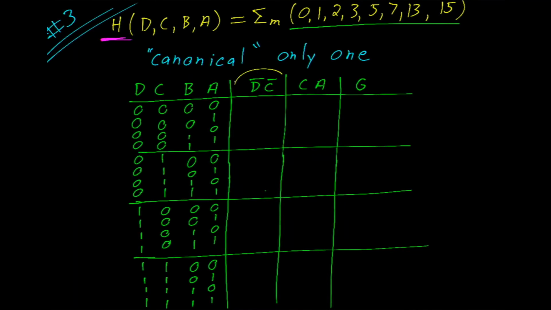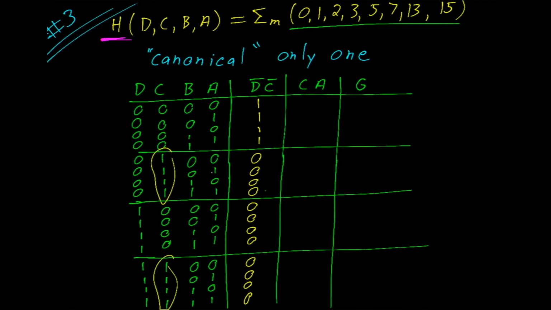For the intermediate wire D0 C0, we're looking for D0 and C0. That looks like the only place that occurs, so this would be 1, 1, 1, 1. It would be 0 for all others. For the intermediate wire C ANDed with A, that would be here and here, ANDed with A. So 1, 2, 3, 4.